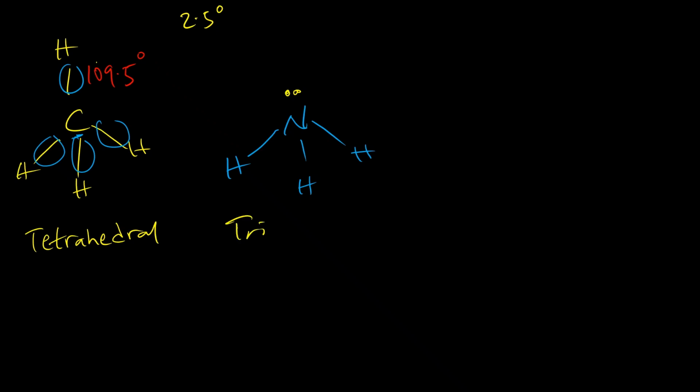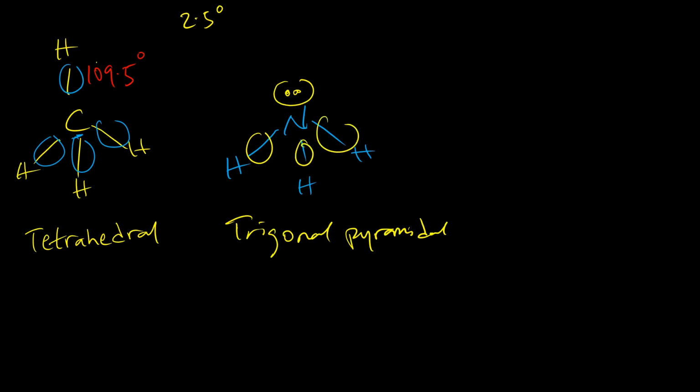Since you have 4 things attached, just like in tetrahedral, but the tetrahedral is 109.5, and because of this pair of electrons, this angle 109.5 will be reduced by 2.5, and that will give us 107 degree, and that is the angle of trigonal pyramidal. I hope that makes sense.